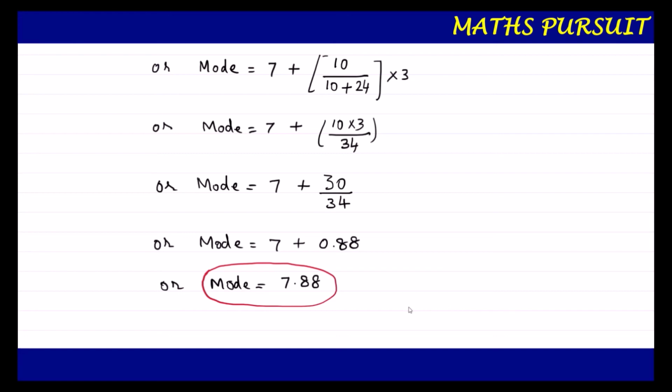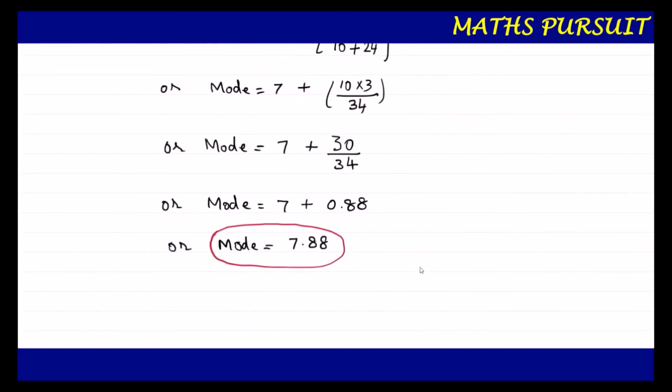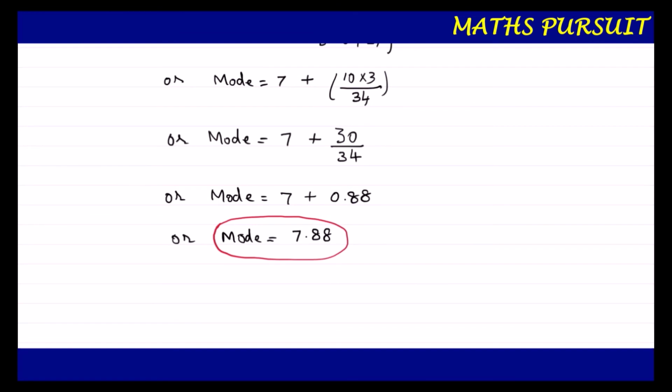So we got mode as 7.88, and we can write our concluding answer here, because the question asked us to determine the median number of letters in the surname, find the mean number of letters in the surname, and also find the modal size of the surname.